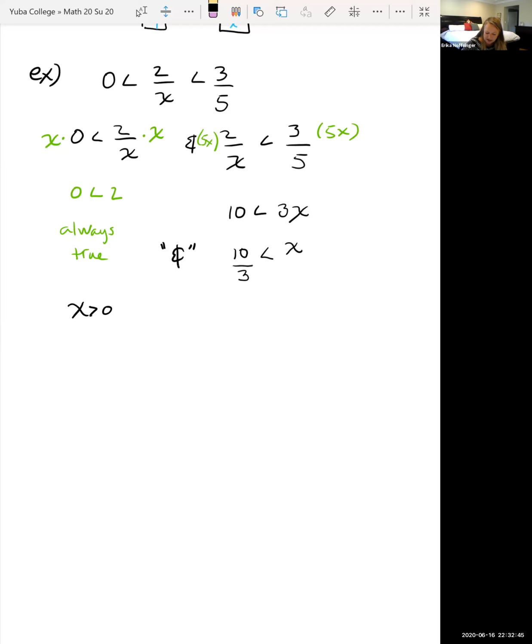This is always true, and x always has to be greater than 10/3. I tend to like my variable on the left-hand side, with the greater piece being 10/3. So our solution, you can write as an inequality like that, or it's everything that's bigger than 10/3 to infinity.